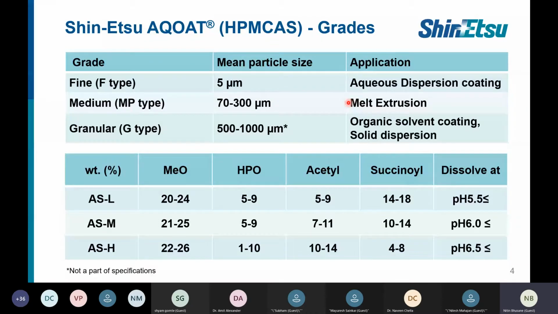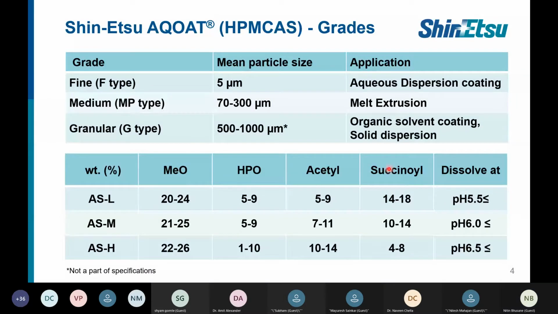Then we'll discuss the substitution type. As you can see on the weight percentage, here it is mentioned AS, L, M and H type. Where do they mainly differ? They mainly differ based on the substitution level of acetyl and succinyl groups, because acetyl and succinyl are the functional groups in HPMC acetate succinate.